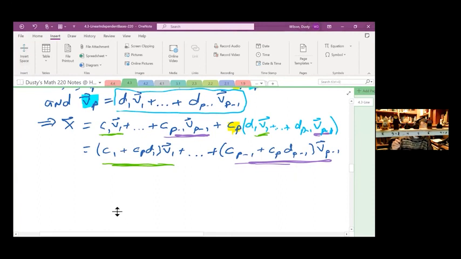So what this is telling you is that we can form X from the set without VP.